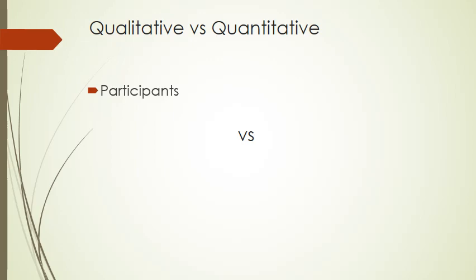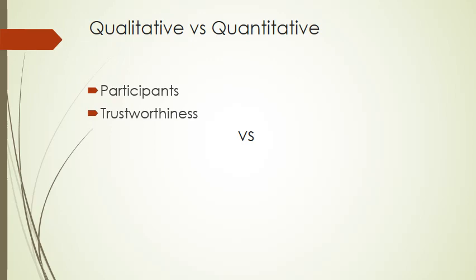In qualitative research, there are terms that are very different from those used in quantitative methods, but actually usually refer to something that is the same. For example, in qualitative research, there is a term participant, but in quantitative research, there is not.